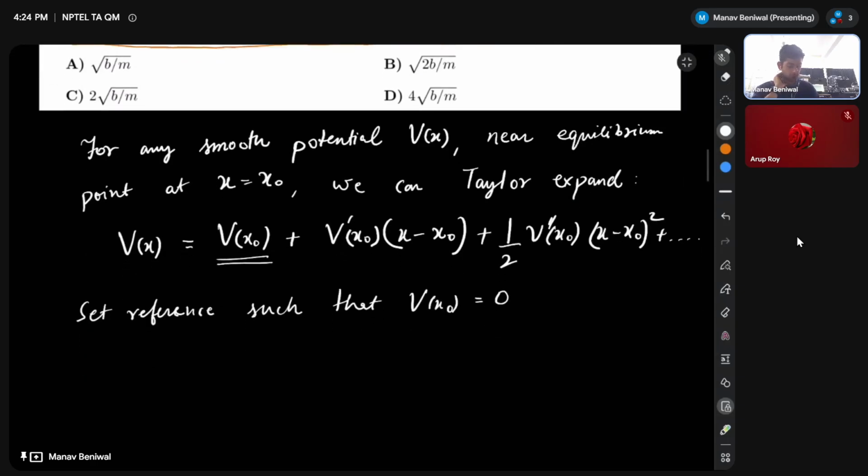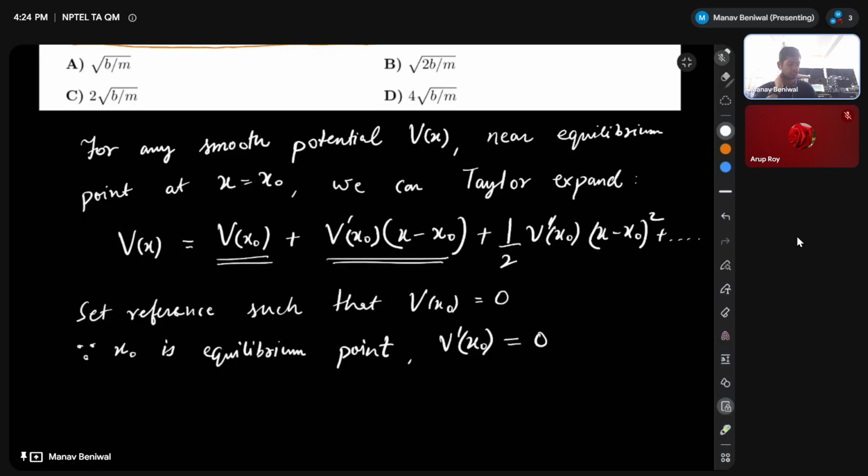And then because x naught is an equilibrium point, the potential must have a minimum there. Therefore, V prime at x naught must be 0. So the first term is 0 and the second term is 0.